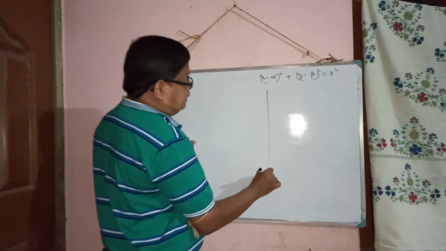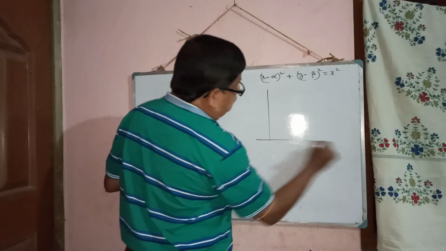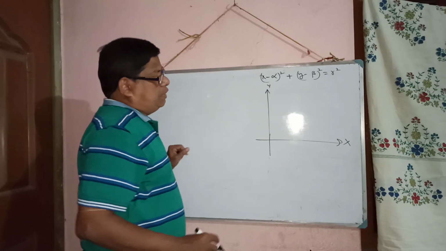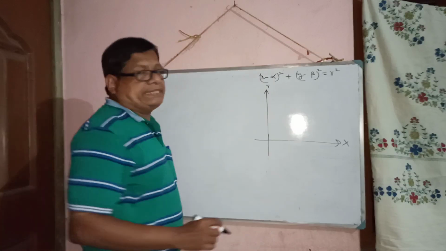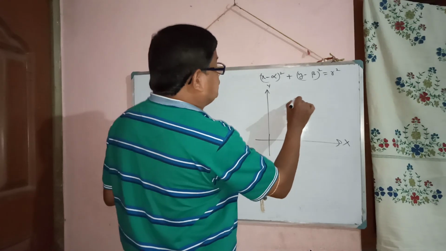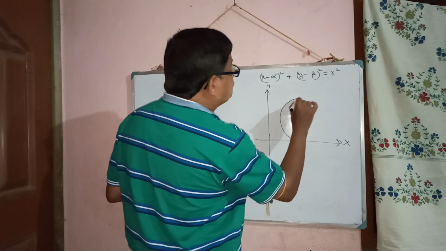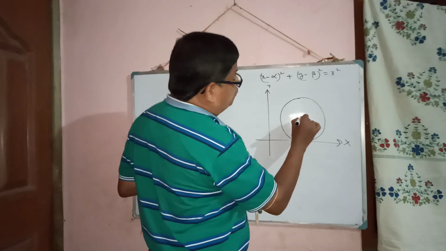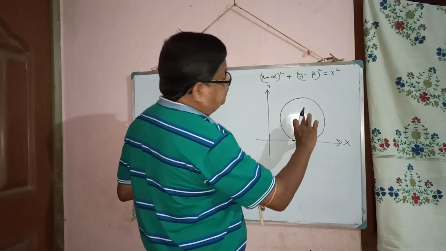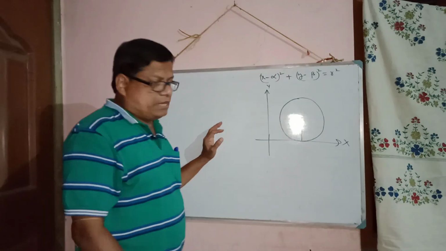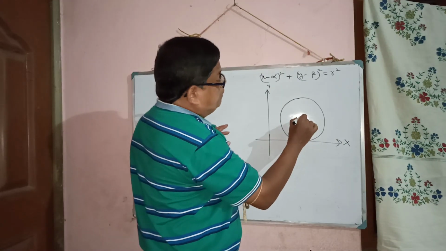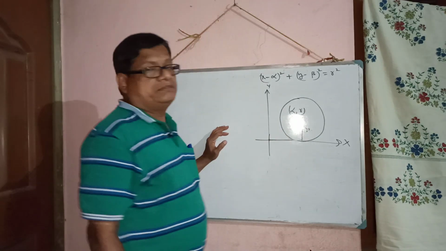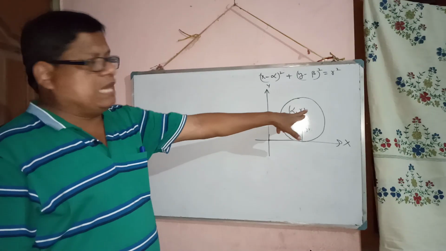Now suppose the x axis and y axis are there. The circle touches the x axis. So suppose this is the circle, and it touches the x axis. This part is the radius r. This part will be alpha, so the center will be alpha comma r.